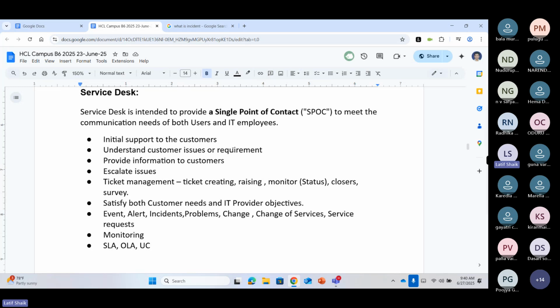These are the parts. Understanding of events, alerts, incidents, problems, change of services, and service requests. Access management is also important in the service desk. Monitoring your infrastructure: what's going on with our infrastructure?